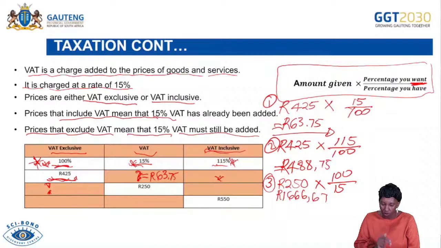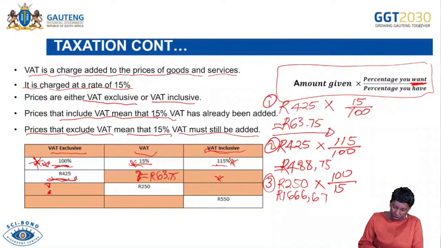So now just round it off to 2 decimal places, because it's monetary. Monetary, we round it off to 2 decimal places, unless stated otherwise. When they say round off your answer to the nearest whole number, then you round it off to the nearest whole number, which will be 1,667, because now this will affect the 6, it will be 7.